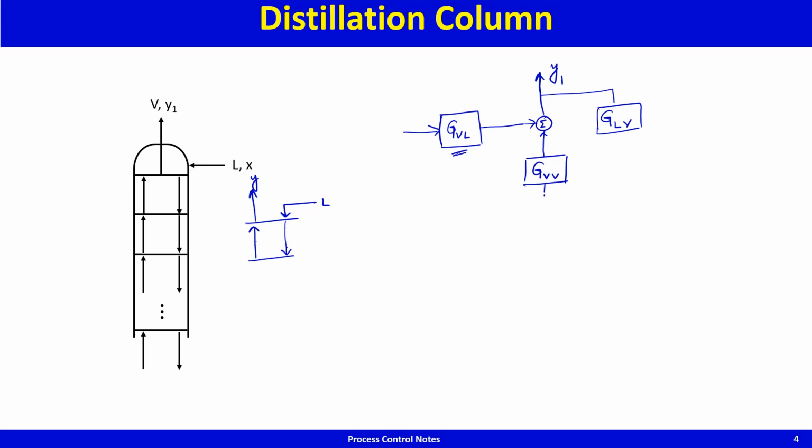So there is this vapor that's coming from below. This liquid that has now changed will cause a change in the vapor leaving the previous tray, that is this guy, because now the liquid composition has changed, therefore there will be a change here, and this is the effect on the vapor leaving a tray due to the liquid into the tray.